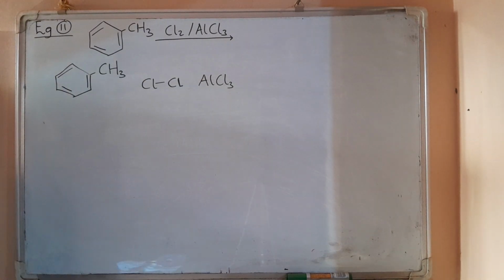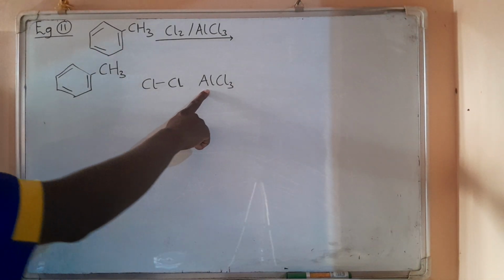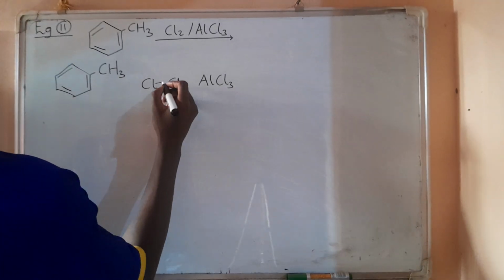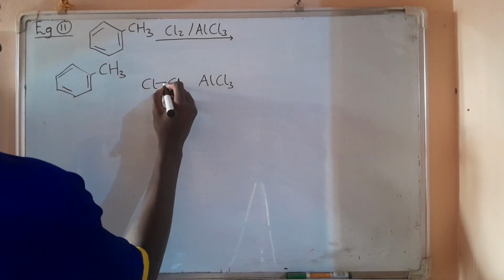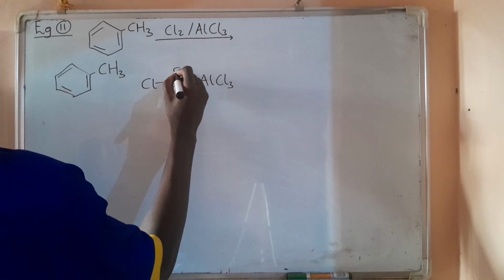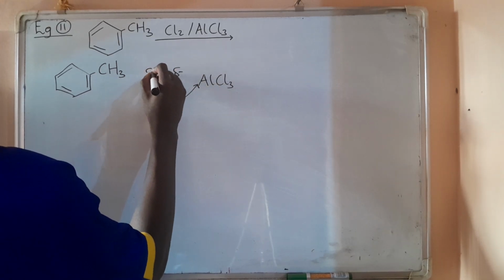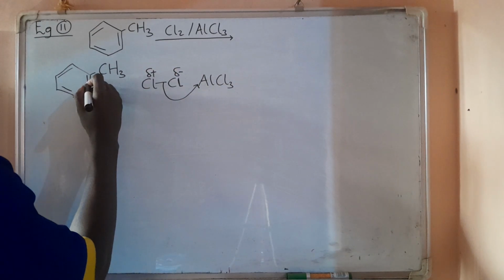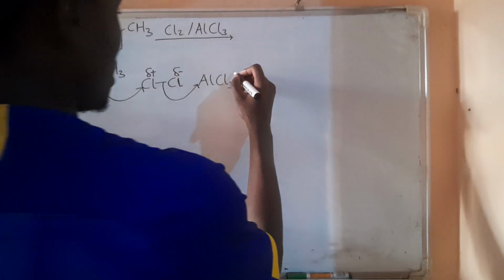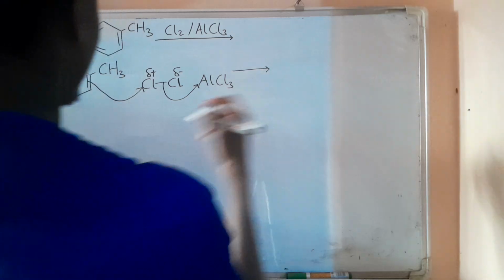There are vacant orbitals within the central metal atom in this Lewis acid catalyst. Therefore, one of the atoms of chlorine can donate electrons to the central metal atom. So this has a partial negative charge, partial positive charge, electron deficient. Then benzene donates to it.